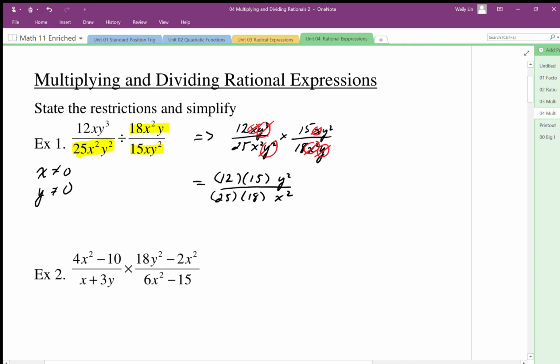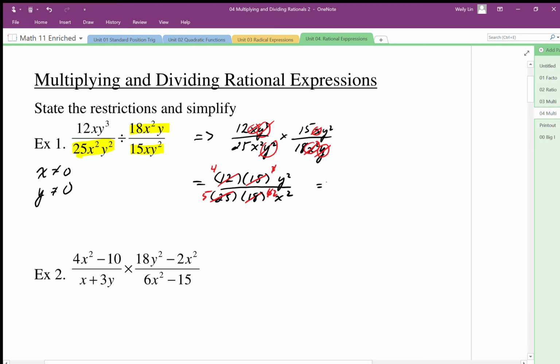So all the variables that cancel out have been taken care of. Now I'm going to start canceling the numerical part. So I have a factor of 3 here. I have a factor of 5 here. So that's going to be 3 and 5. And then I have a factor of 3 here. So that becomes 2.